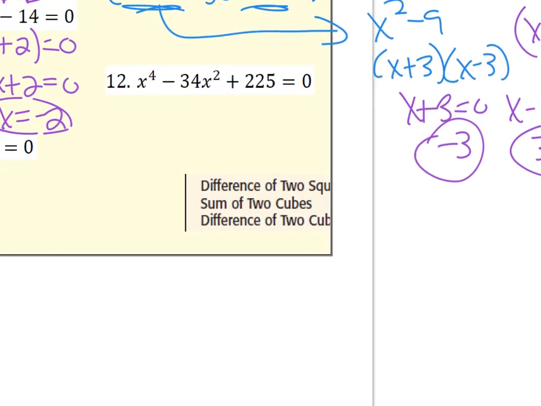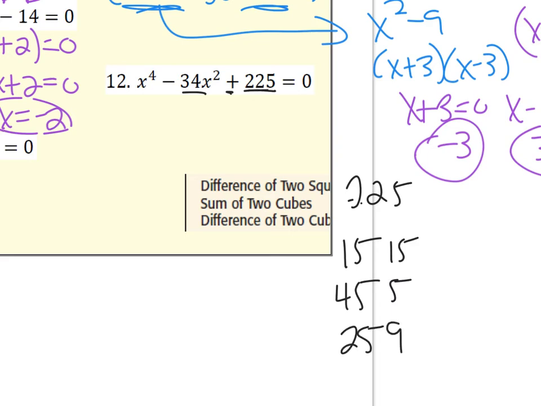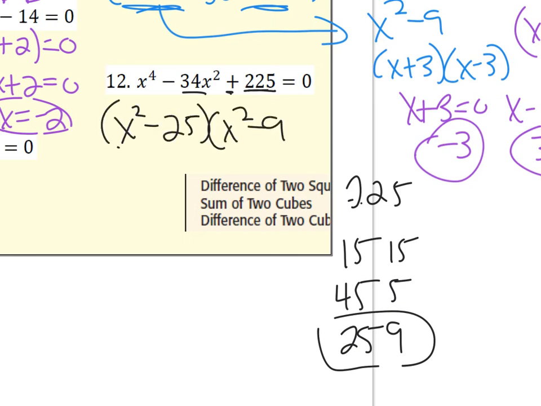So if I look at 12, what multiplies to 225 but adds up to 34? So I want to start playing around with factors of 225. Well, it's 15 times 15. 225 divided by 5 is going to be 45 and 5. 225 divided by 9 is going to be 25. So 25 and 9 is going to be what I want. So I'm going to have x squared minus 25 and x squared minus 9. Now it's kind of like that similar situation, the problem we had up above. This is a difference of two squares, as is this.